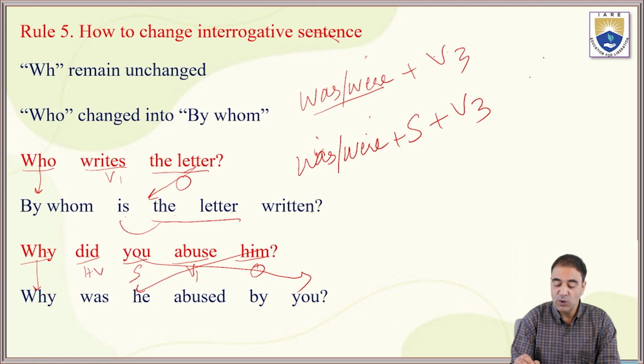We use simple past to was and were. Subject him, it will change into he. Okay. And with he, we don't use were, we use was. Therefore, why was? It's was, followed by subject he, followed by verb in third form, and the third form for abuse is abused by you. You will not change.